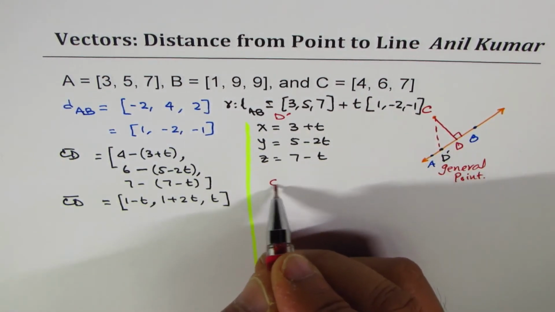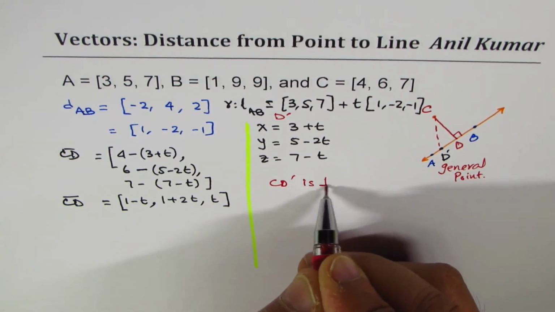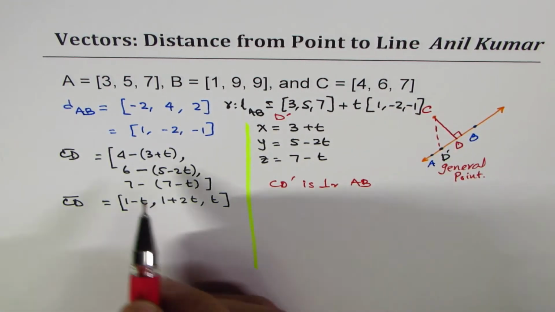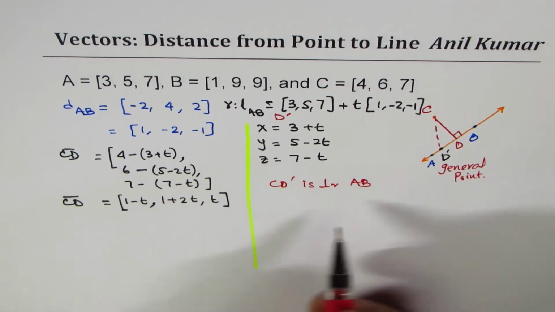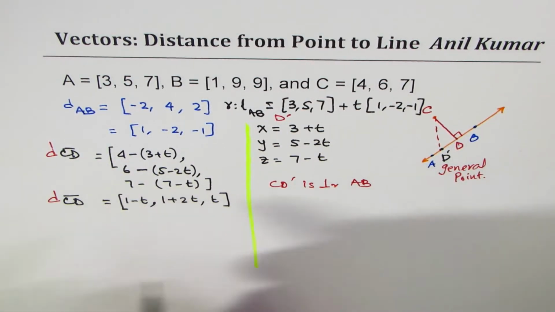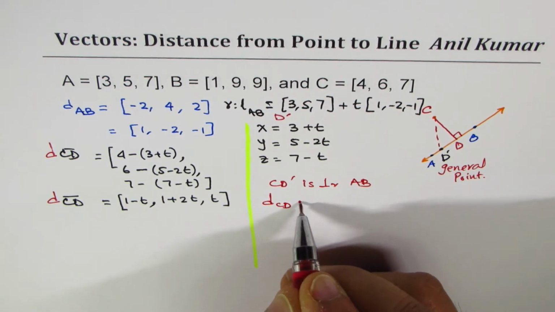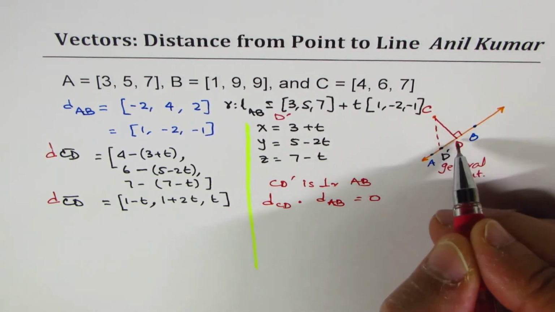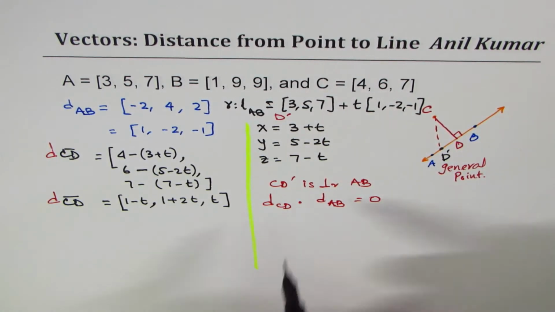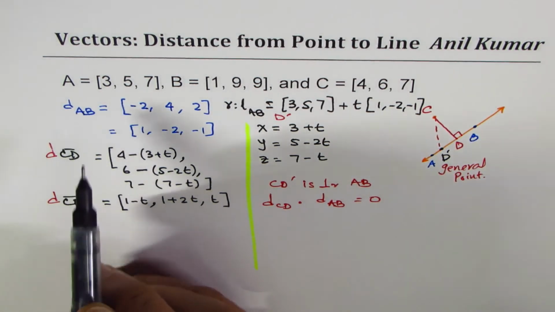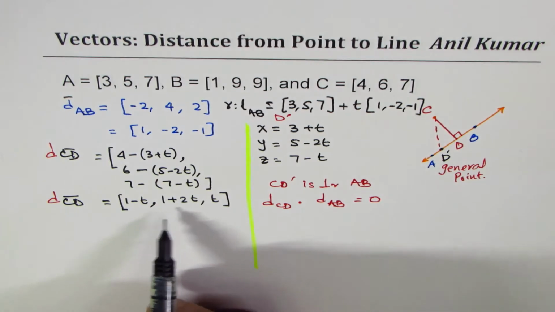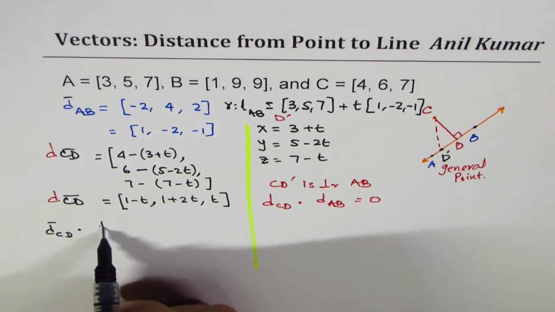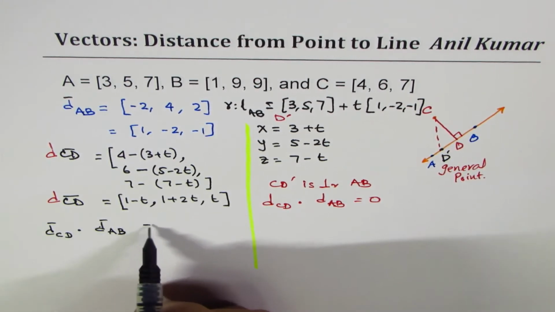Now if CD dash is perpendicular to line AB, then this direction of CD, which we have, the direction CD dot the direction of AB should be equal to 0, for them to be perpendicular, correct? So let's do that now.